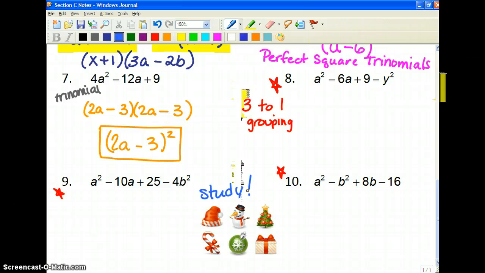I might ask you to name 2 of the 6 things that are in the picture. A candy cane, an ornament, a tree. I might ask you what color something is. So you want to study the picture. I will not make the question too hard. If you've looked at the picture, you will get the answer correct. I'm just trying to make sure that everybody's watching the video. So we'll do 8, 9, and 10 in class.